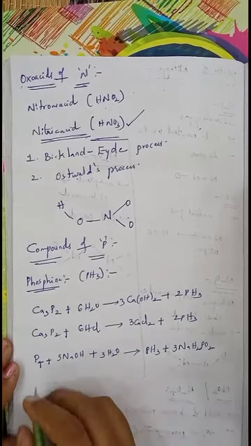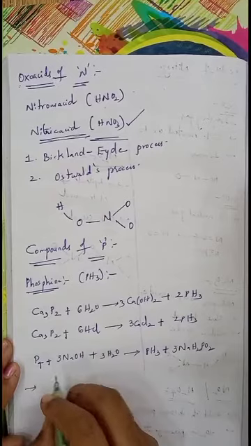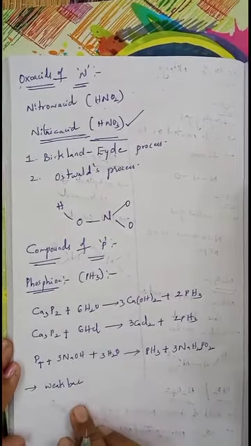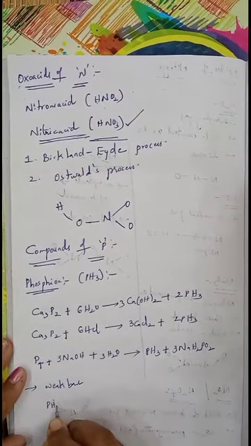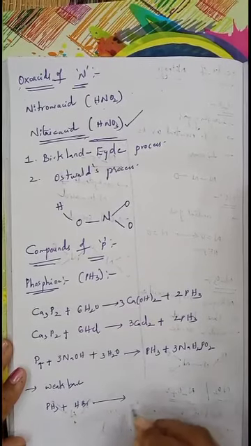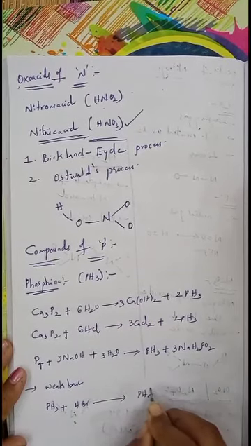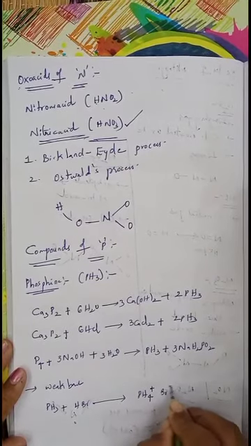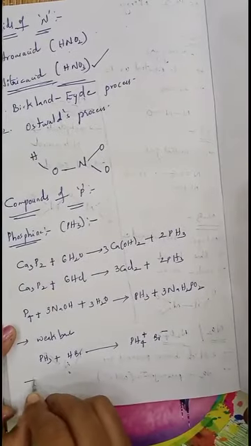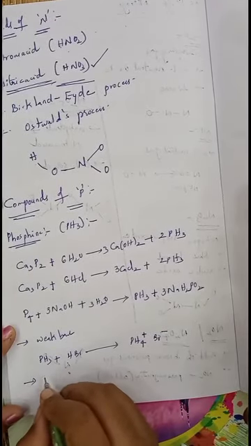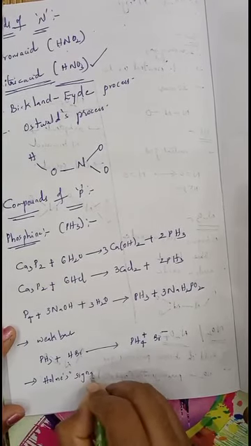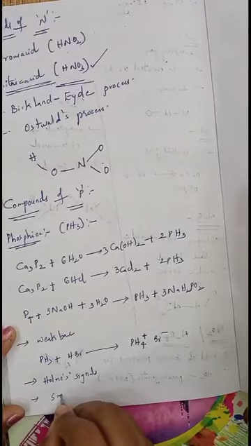The phosphine is weakly basic like ammonia. For example, when PH3 reacts with HBr, hydrobromic acid, it converts into PH4+ Br-. This type of compound is liberated and it is used in the preparation of Holme's signals as well as smoke screens.